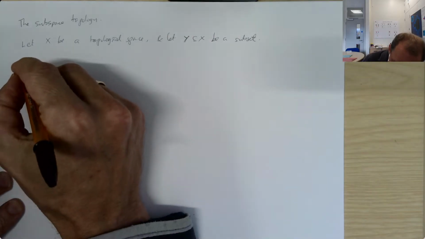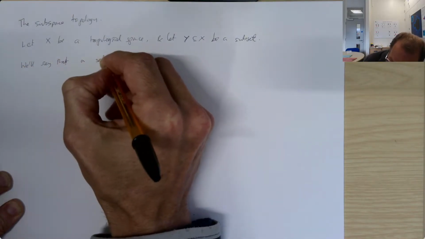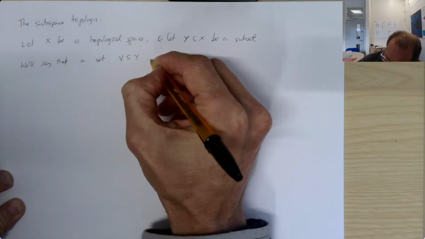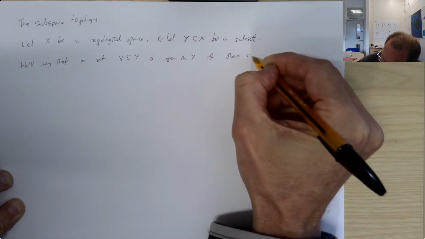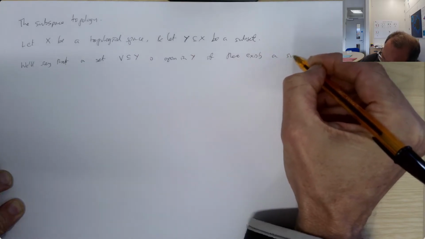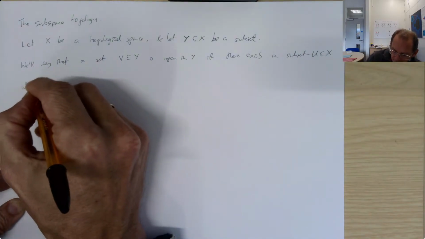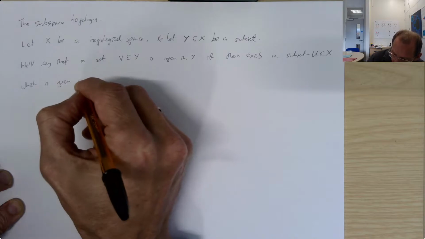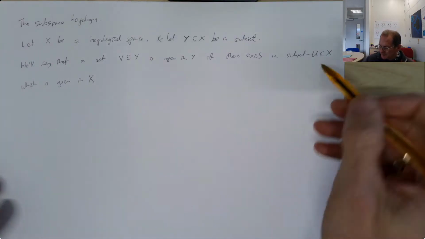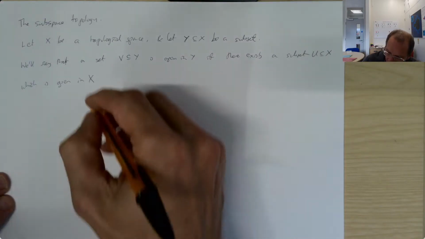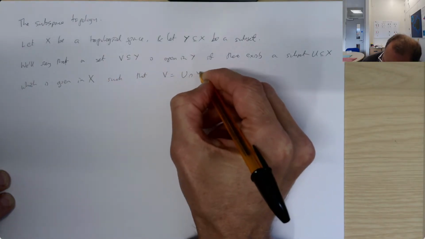Okay, so we'll say that a set V, a subset of Y, is open in Y if there exists a subset U of X, which is open in X. In other words, remember we've got a topology on X, and the topology is a collection of sets which are called open sets. So U is supposed to be one of those, such that V is equal to U intersected with Y.